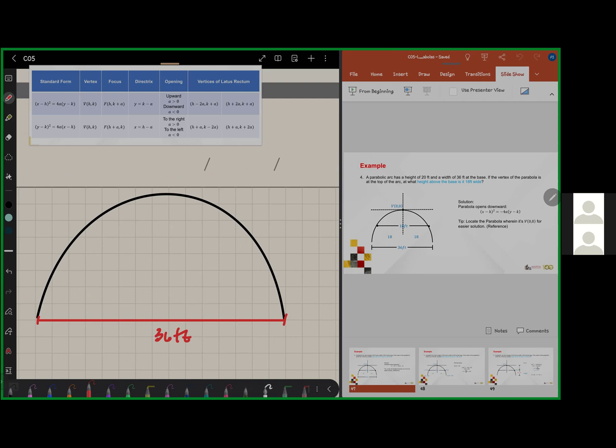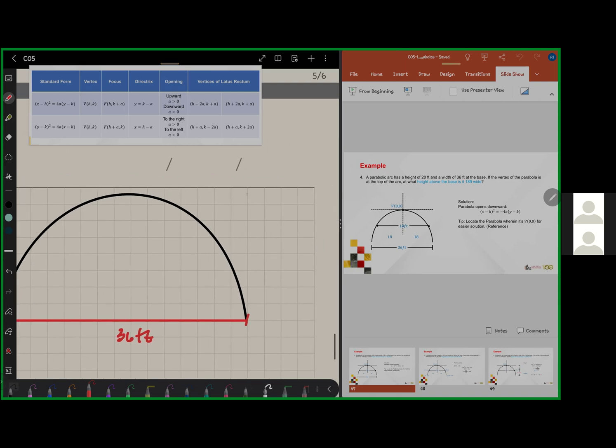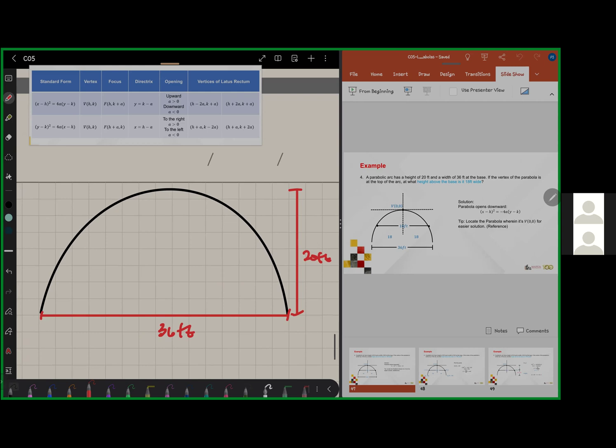The parabolic arc has a height of 20 feet. So this height of our parabola is 20 feet. We are tasked to find, if the vertex of the parabola is the top of the arc, at what height above the base is it 18 feet wide.